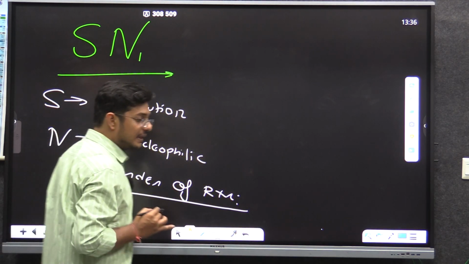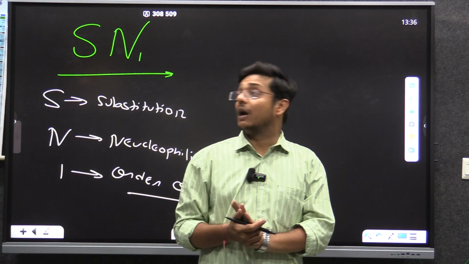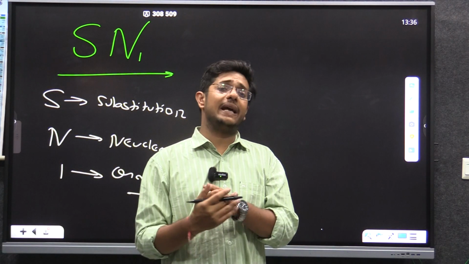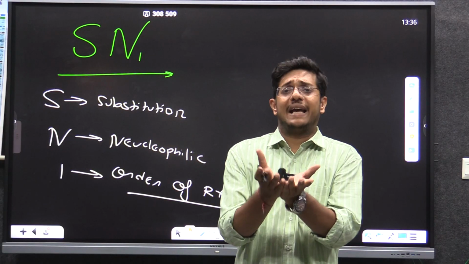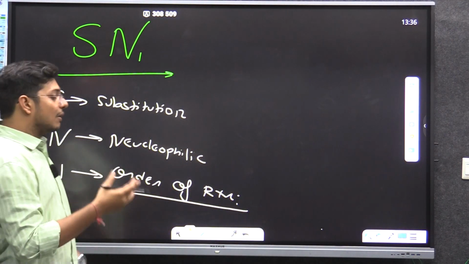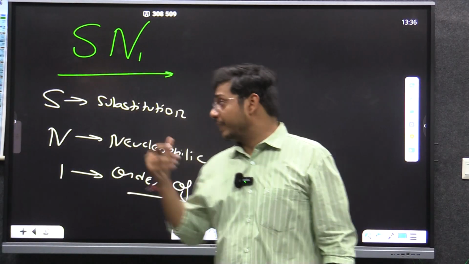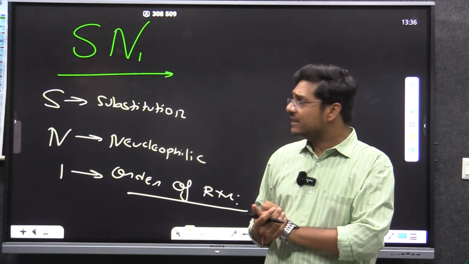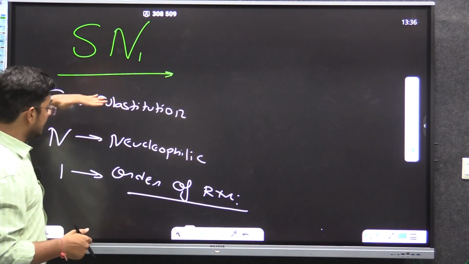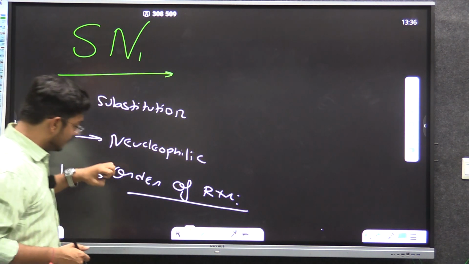I believe that to know this topic you have knowledge of chemical kinetics, what SN1 or SN2 is, and the meaning of order. During this topic, I will try to recall some of the points that we need. So: substitution, nucleophilic, first order.